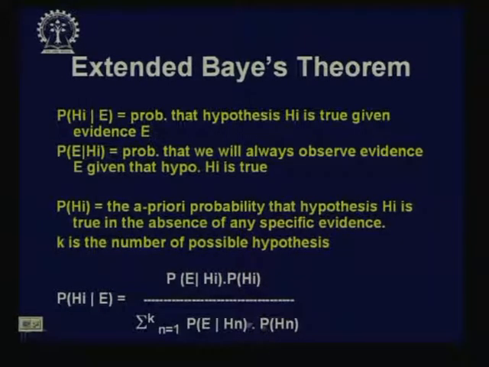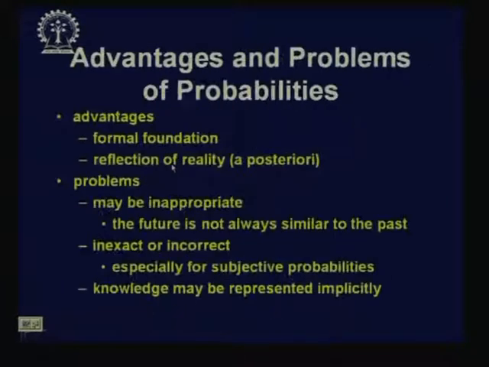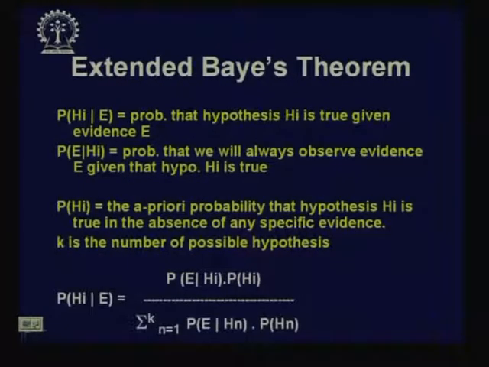Earlier, if you have a look at Bayes' theorem, I was just dividing by the evidence part, or rather the B part. Now, in this case, this will be divided by all the possible hypotheses that I know of. So, this is the general structure of Bayes' theorem, and that is why we are calling it the extended Bayes' theorem.